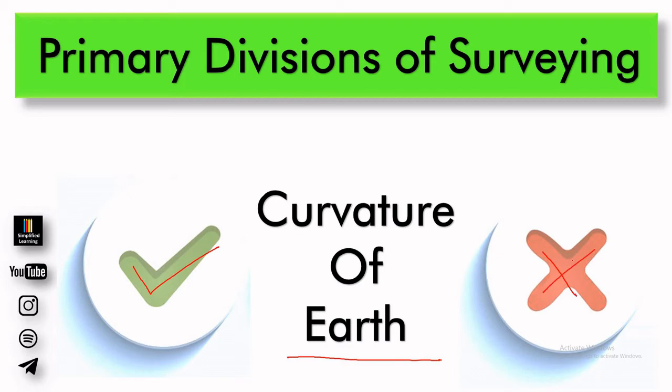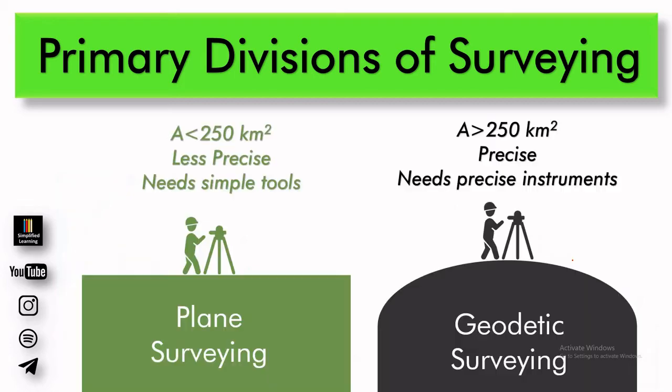Now the revelation of the terms. When we are not going to consider the curvature of the earth, the survey will be plane survey, and when we are going to consider the curvature of the earth, the survey is going to be geodetic survey. Remember: no curvature, plane survey. Curvature being considered, geodetic survey.